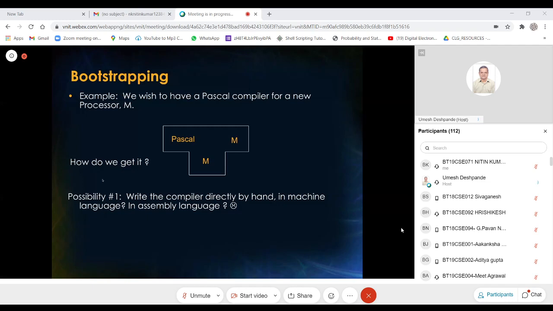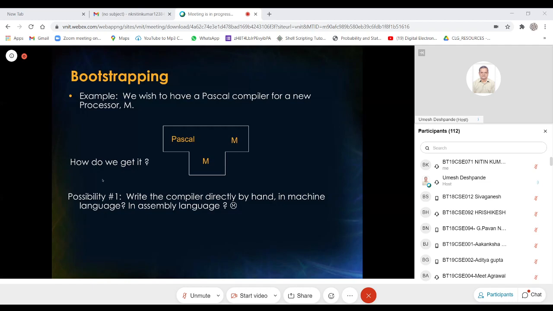So if we assume that we have the support of an assembler with us, which takes any program written in assembly language for this processor M, and translates that assembly language program into a machine language program understood by M, then we could take help of the assembler. So we can now write the compiler in assembly language.